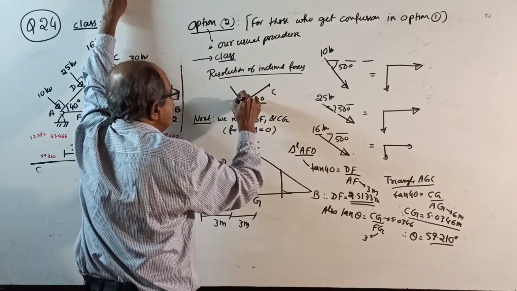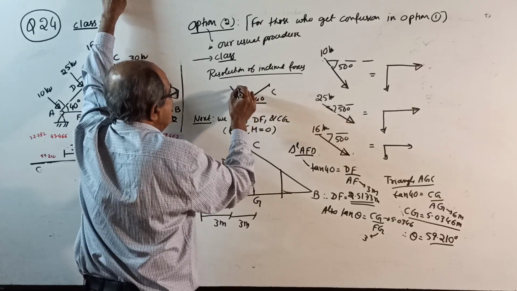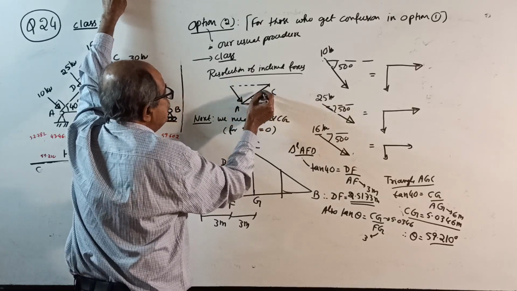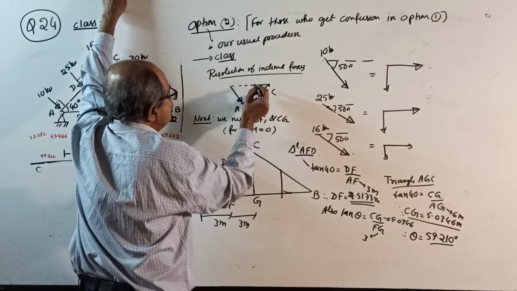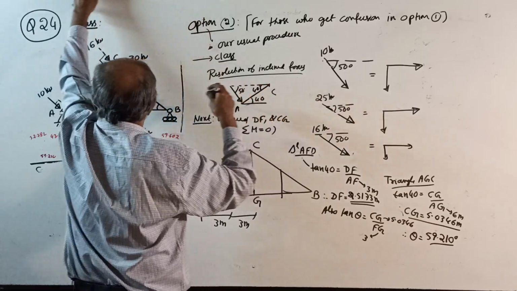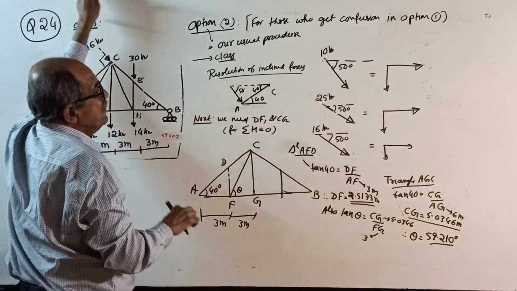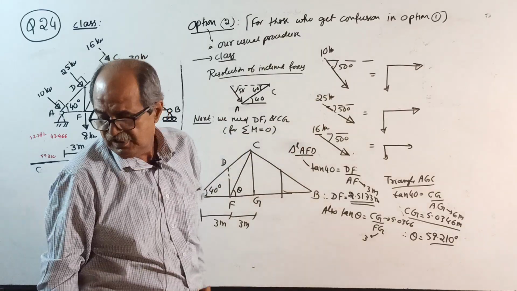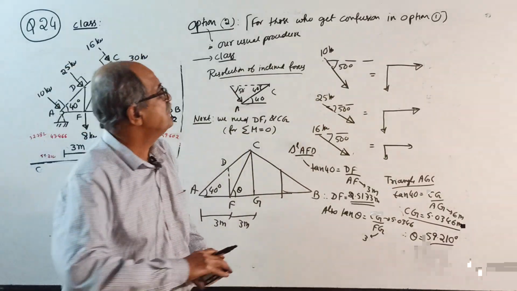The perpendicular here, if this is 40, this is also 40 degrees, so this will be 50 degrees. So all these three forces will make 50 degrees with the horizontal. Therefore, resolve here. How much to resolve?